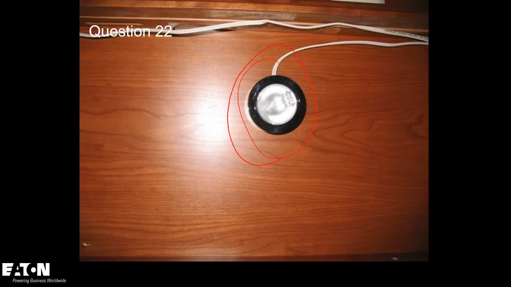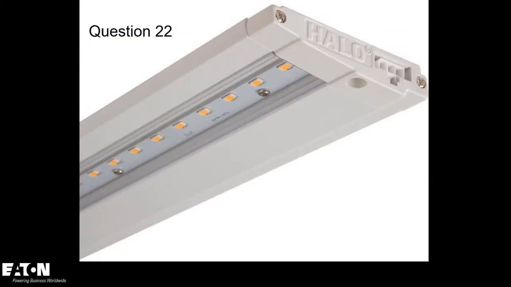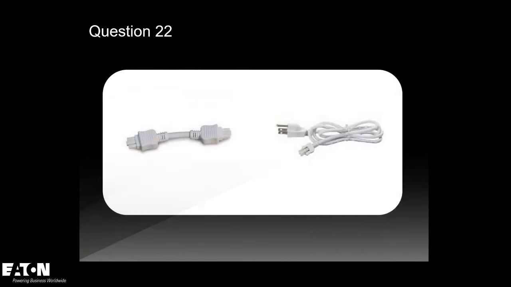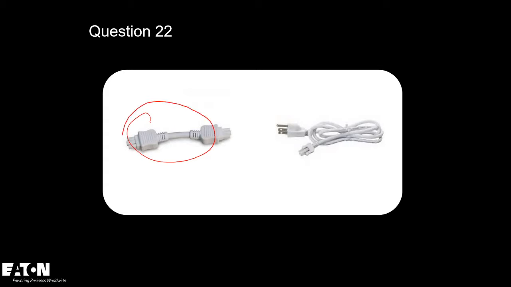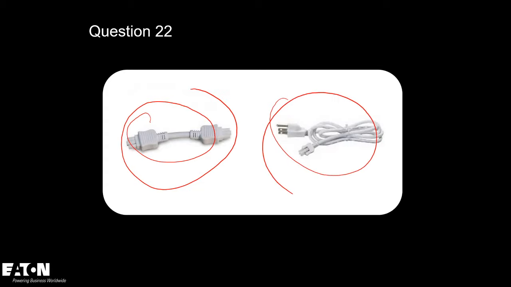This is a puck, so to speak, and all of the wiring that's connected, that's all part of the luminaire and part of the listing. So this is a Halo product here, and that's your connection point. And there are listing requirements, and they are tested together to be daisy chained. This is sort of what that connector looks like, and the cord and plug connected on the one side. So all of that is a part of the listing.